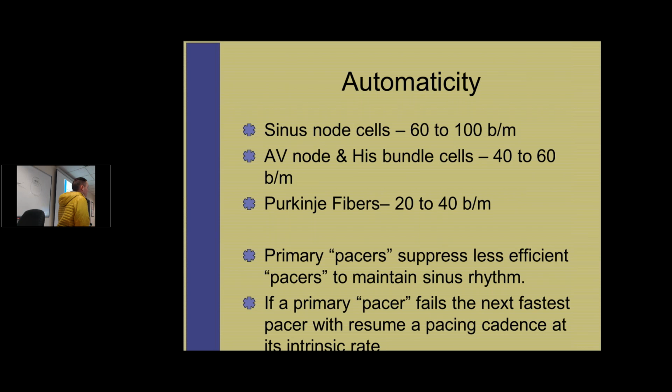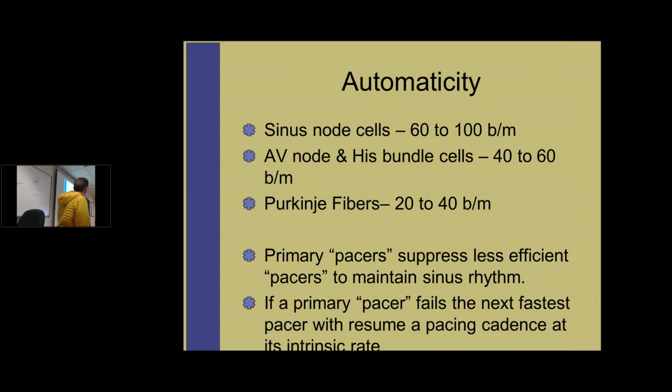So the default setting is 60 to 100. If you do rigorous exercise or something like that, fight or flight, it's going to raise it up. So if you're in a full block, get epi to boost it up? If you have a complete heart block, epi is not going to help you like it would if you had an intact electrical conduction system.